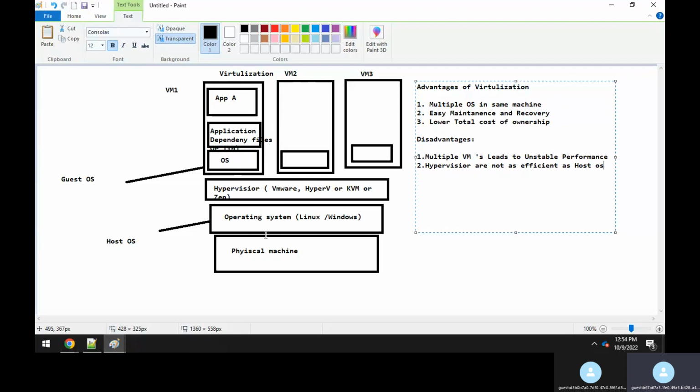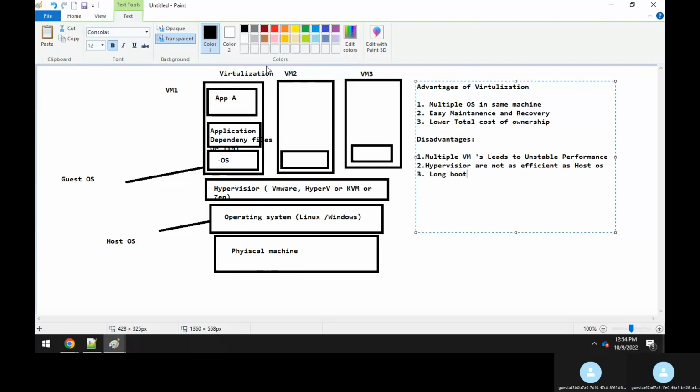The host operating system has full-fledged usage of the complete physical resources provided by the system; the same might not be true for the guest operating system. So you might see some performance degradation when it comes to virtualization.